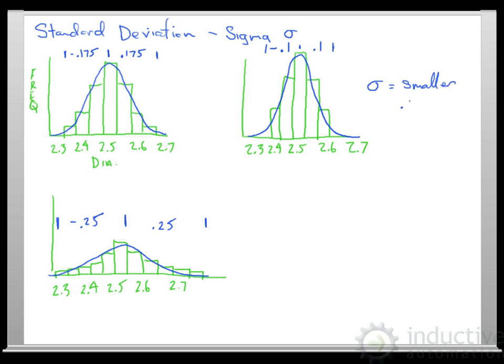Might be something like 0.03. And here our standard deviation, or sigma, is going to be larger. That makes sense, right? And it's going to be something around, I don't know, maybe like 0.075. So the larger our standard deviation number, the more spread out our data is.